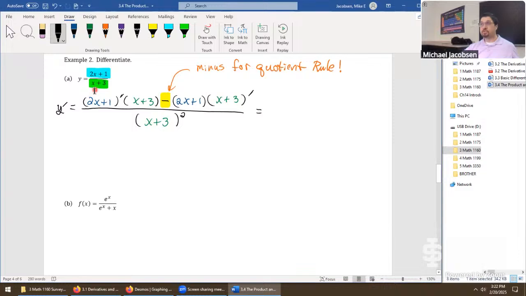Beyond this point, we're just differentiating these terms as we see them. The derivative of this one, 2x plus 1, is just a 2. Copy in x plus 3, minus 2x plus 1. The derivative of x plus 3, that's just a 1.